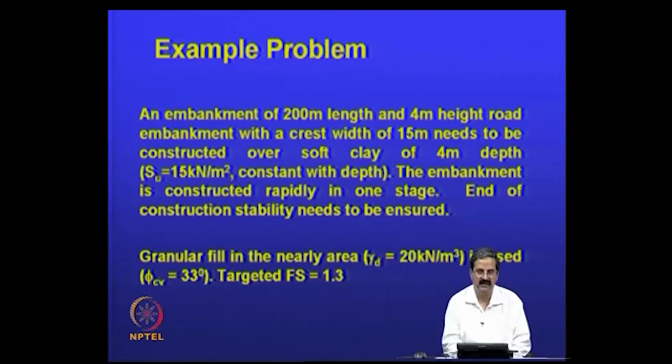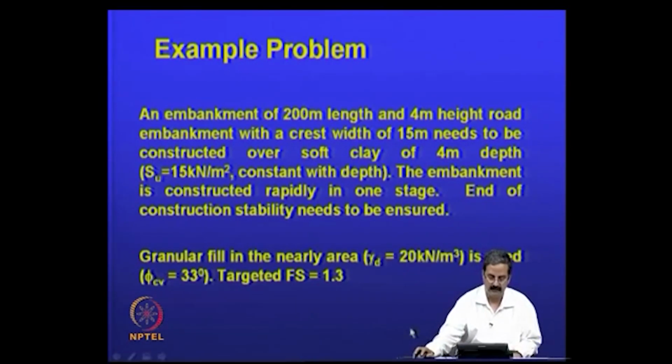So, we need to calculate the factor of safety with reinforcement and without reinforcement. You should be able to select a reinforcement force which will give reasonably safe factors, as I said, the target factor of safety is 1.3. Here the embankment needs to be constructed in one stage.